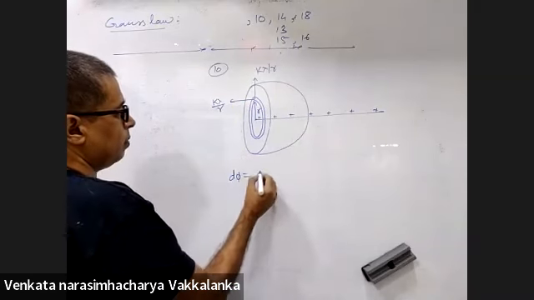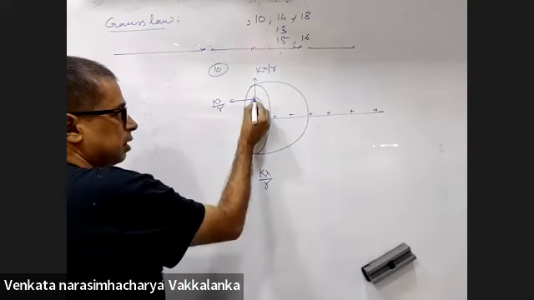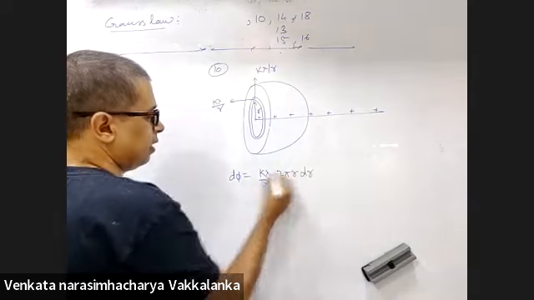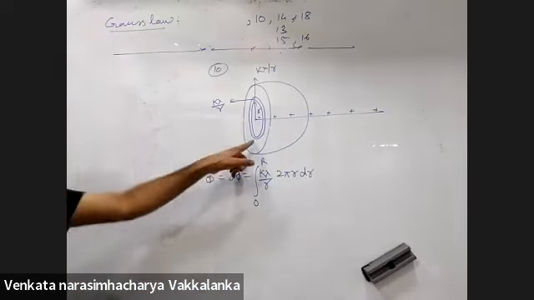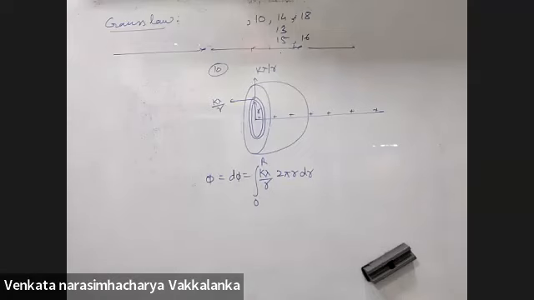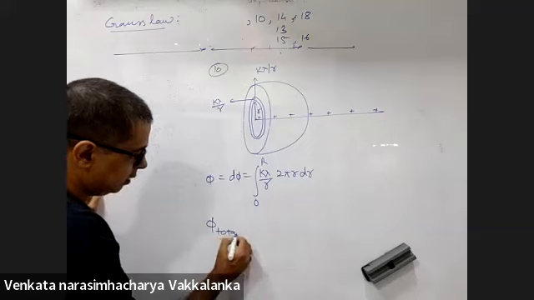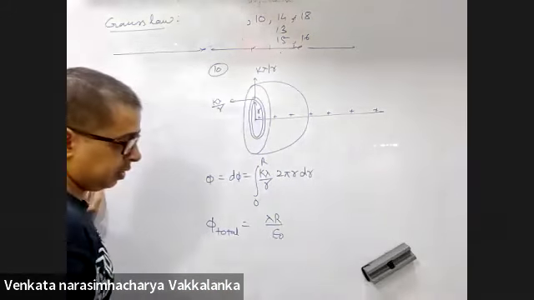So, d phi will be equal to k lambda by r into 2 pi r dr. Integrate this from 0 to r. Will I get the flux through the circular path? I know the total flux will be equal to lambda r by epsilon naught.